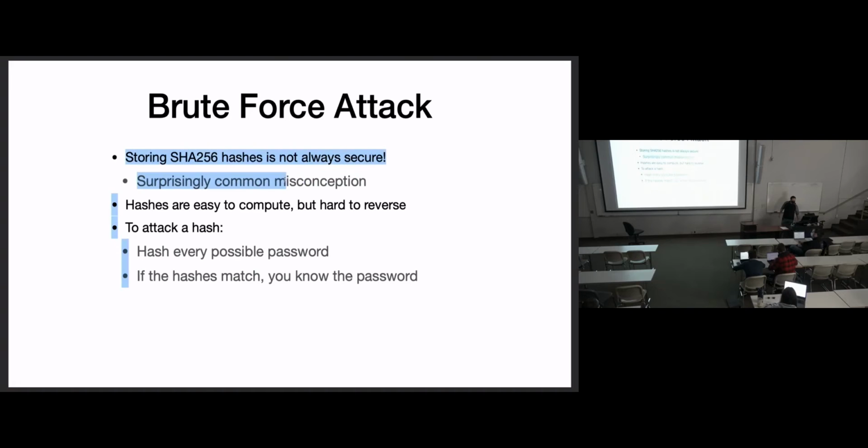This is a surprisingly common misconception. It's maybe equally as dangerous as the misconception that a hash function means a cryptographic hash function, but it's scarier to me. This one I've seen in peer-reviewed, accepted papers where the authors were like, don't worry, we hashed it. It's fine. Nobody can read that.